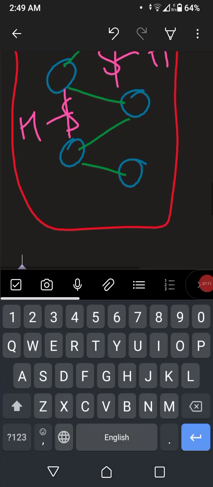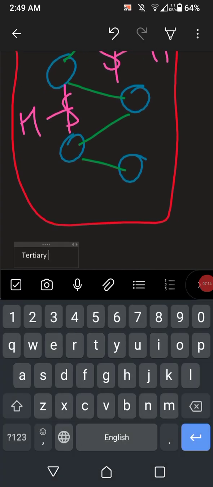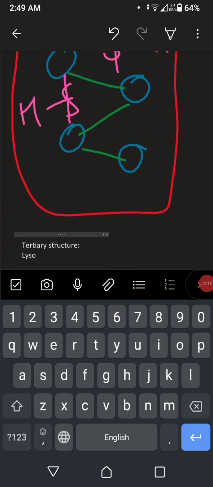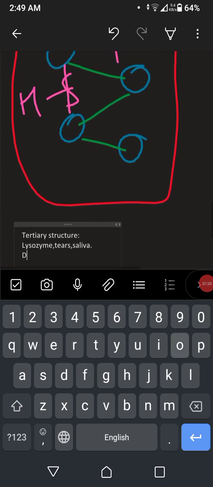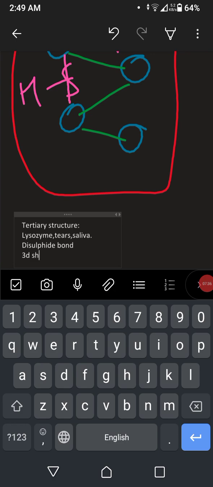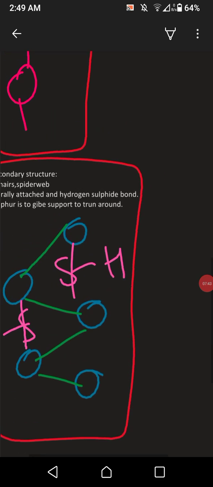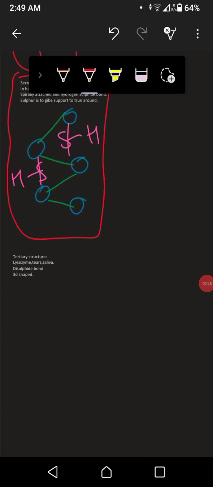Then on the other hand, we have the tertiary structure that is present in lysozyme, tears, or in saliva. It contains disulfide bonds and has a 3D shape. Let me draw it.